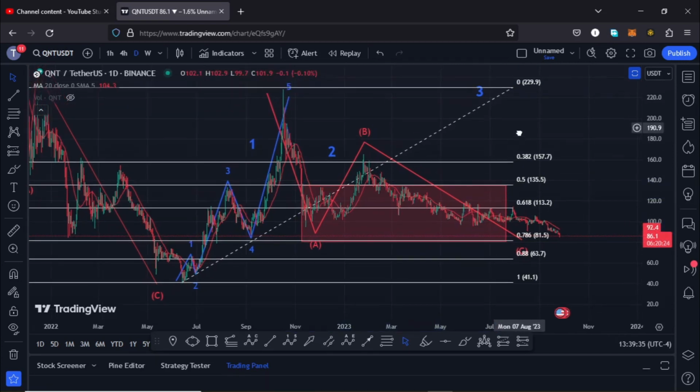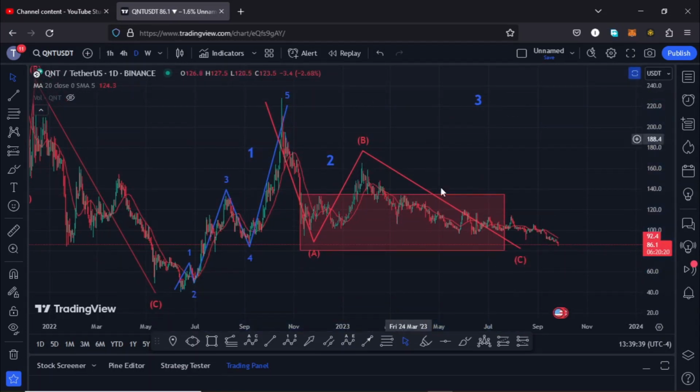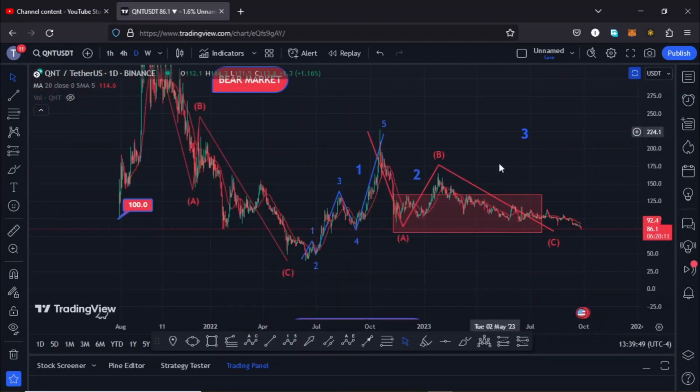And you can also see that we have continued to hold within the target area. And soon I'm expecting that we are going to have a low in place for the second wave and then start getting impulsive and continue gearing up in the formation of this wave 3.